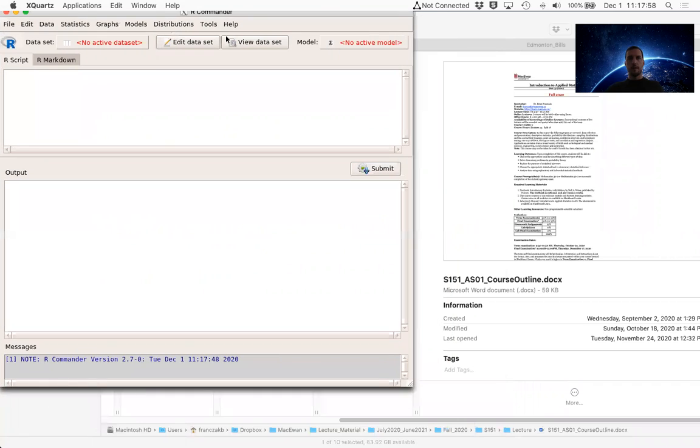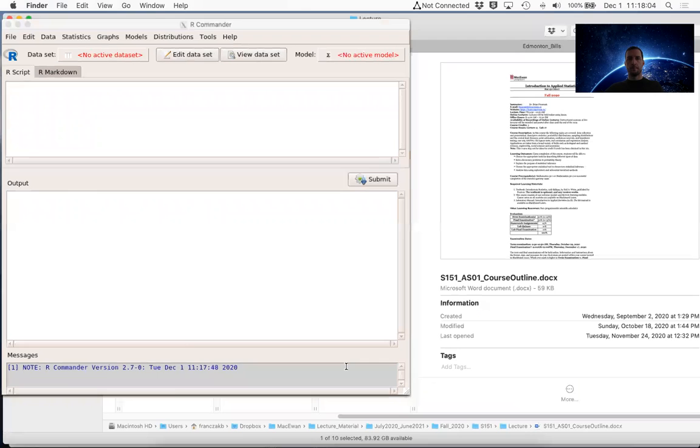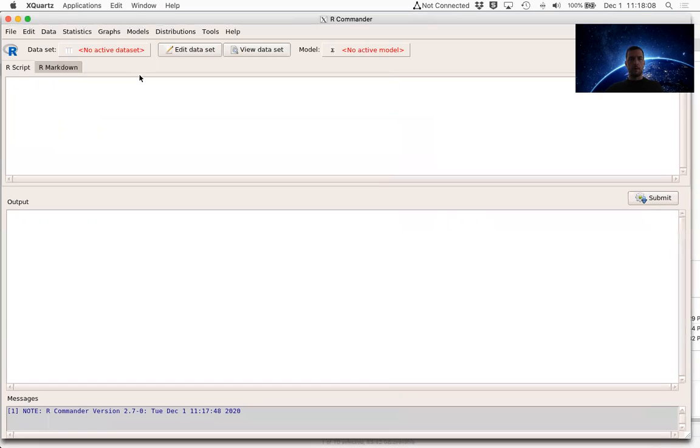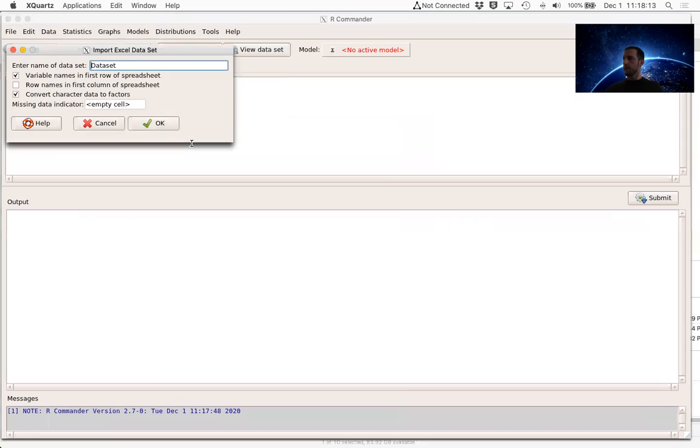So data, import data from Excel. This will be question 33.